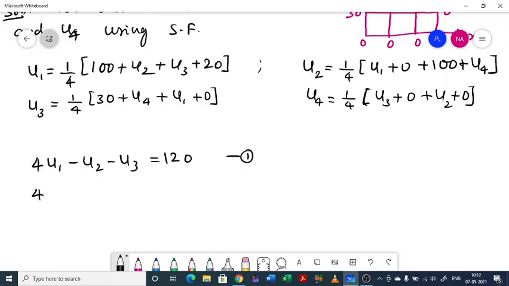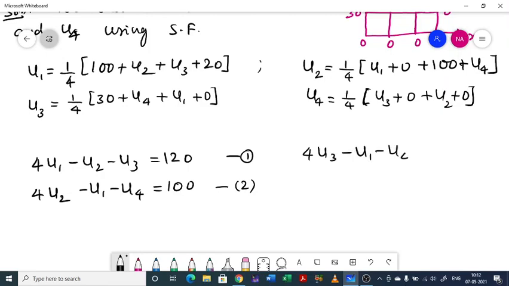For u2, minus u1 minus u4 equal to 100. For u3, minus u1 minus u4 equal to 30. 4u4 minus u3 minus u2 equal to 0.